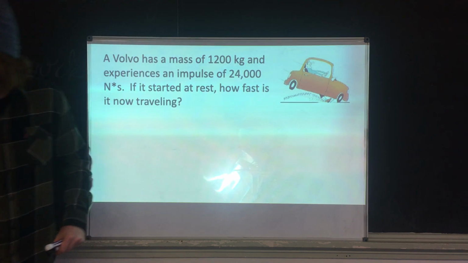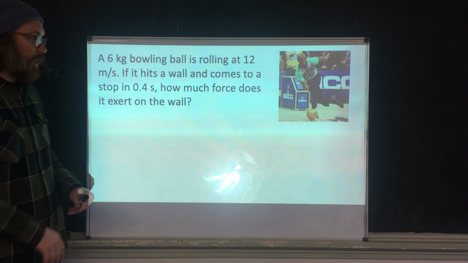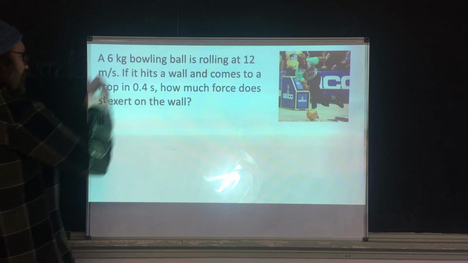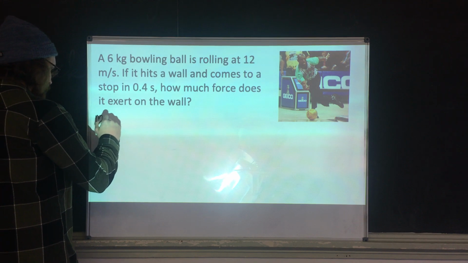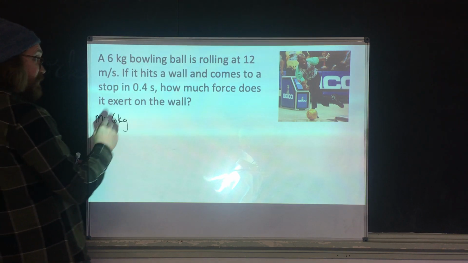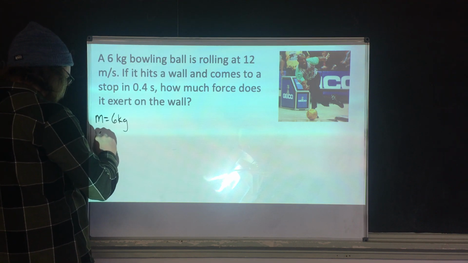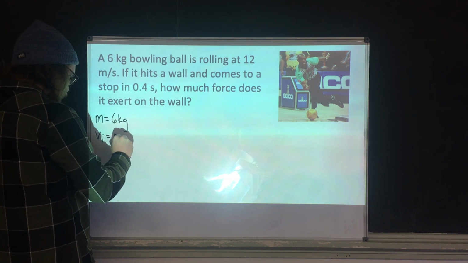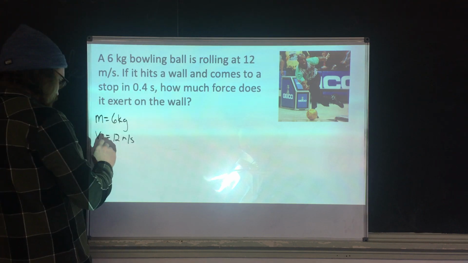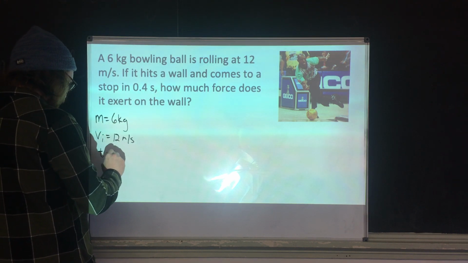All right, so let's look at the other side of that equation, the force and time side. We got a bowling ball. This bowling ball is 6 kilograms. Kilograms is always mass. It's rolling at 12 meters per second, so that is our initial velocity. If it hits a wall and comes to a stop in 0.4 seconds, that is our time.